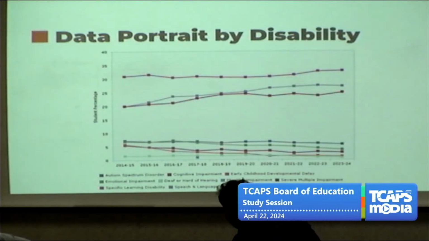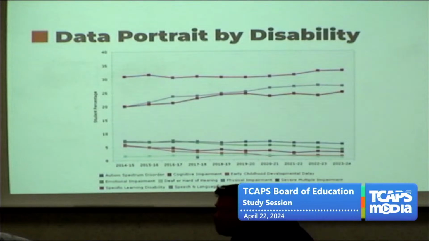You'll also notice at the bottom, those are our less prevalent areas of need based on disability area. So our students with autism, our students with cognitive impairments, early childhood developmental delays, emotional impairments, deaf or hard of hearing, physical impairments, several multiple impairments, and then our visual impairments are listed at the bottom.